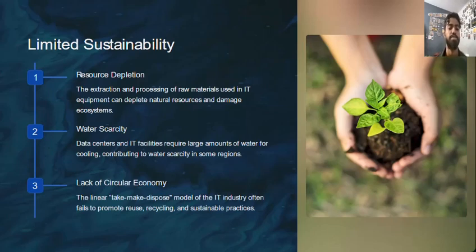Water scarcity: data centers and IT facilities require large amounts of water for cooling, contributing to water scarcity in some regions, such as metropolitan cities like Bangalore, Chennai, Delhi, Mumbai, Kolkata, and other major cities across the world, such as Silicon Valley and Silicon City regions, where data and IT centers have grown vastly.